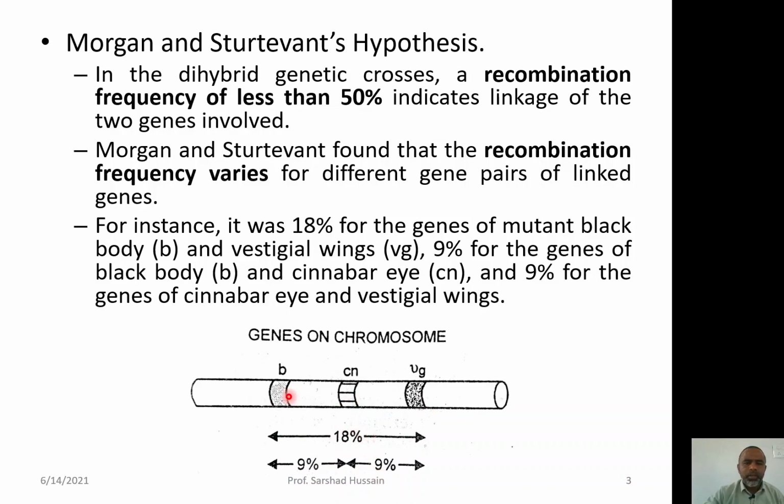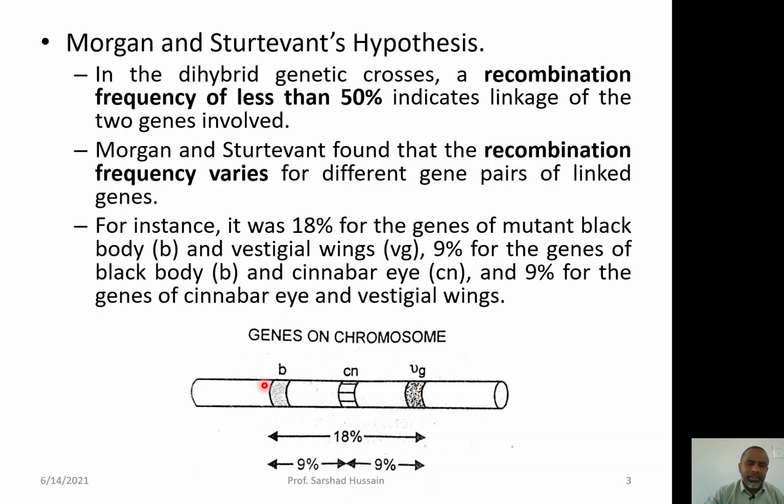Now, this is the example of Drosophila, in which B represents the black mutant, Vg vestigial wings, and Cn is the cinnabar eye. So, one gene is for the black body, another gene is for the cinnabar eye, and the other is for the vestigial wings.